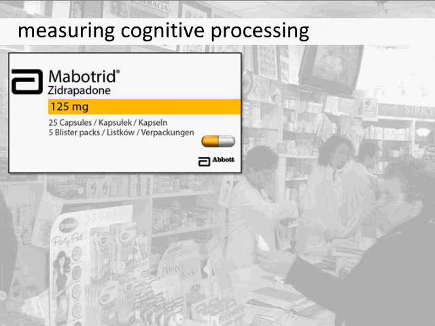Now, pharmacists don't make a lot of errors. That's actually a good thing, right? But especially when they're tested in the lab, they're not going to make an error. If we ask them to fill fake prescriptions, they're really going to pay attention. So error rate is not a good measure in this case.